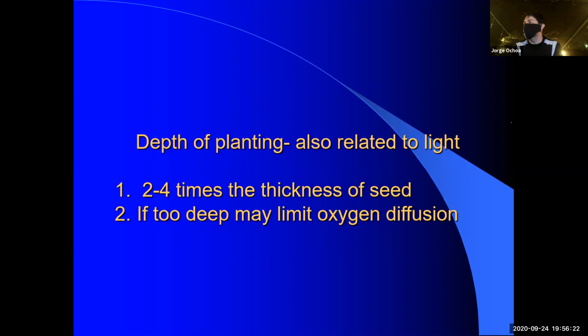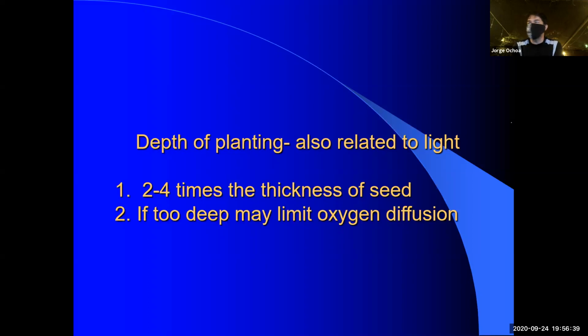So planting them too deep can be a big problem, because there's only a certain amount of endosperm that the plant has. The bigger the seed, probably the more endosperm and the more energy it has, the deeper you can plant it.